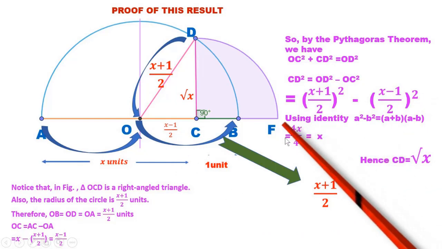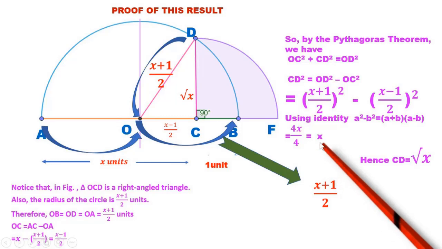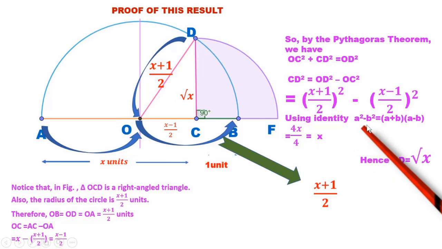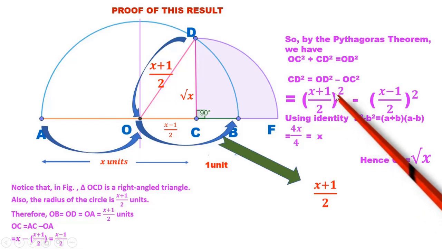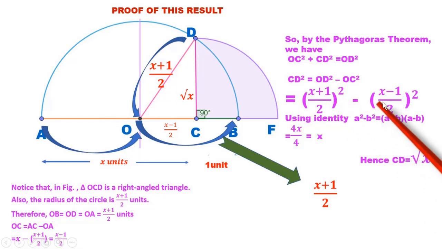Now, we will arrive at the result CD squared is equal to 4x upon 4. Now, how did we get this result? We applied the identity a squared minus b squared. Here a squared is ((x plus 1) by 2) whole squared and b squared is ((x minus 1) by 2) whole squared.